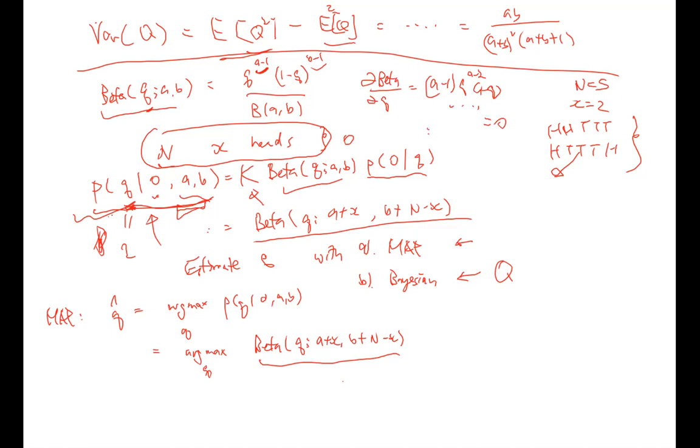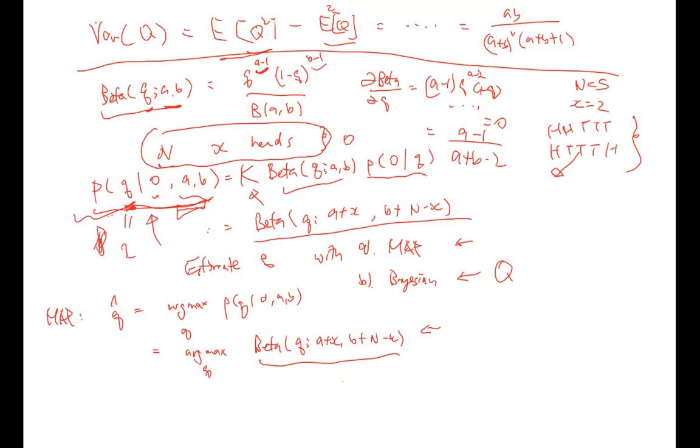The peak, or the mode, will be a minus 1 over a plus b minus 2 if you have a beta distribution with parameters a and b.